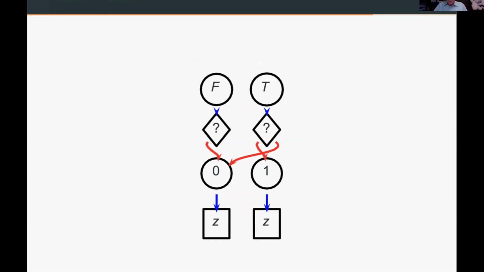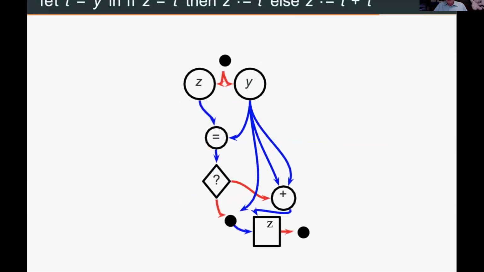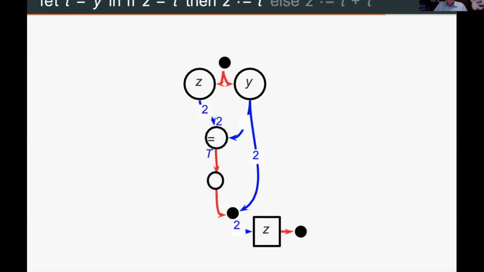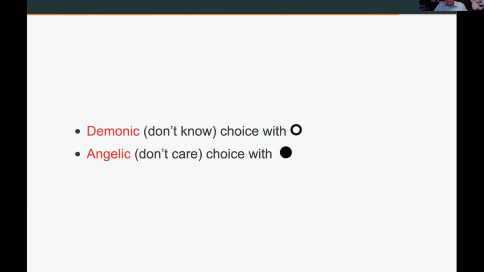All right, so we have conditionals. Here's some more complicated let, I'm skipping that. As I showed in an example before, demonic is the don't know choice.